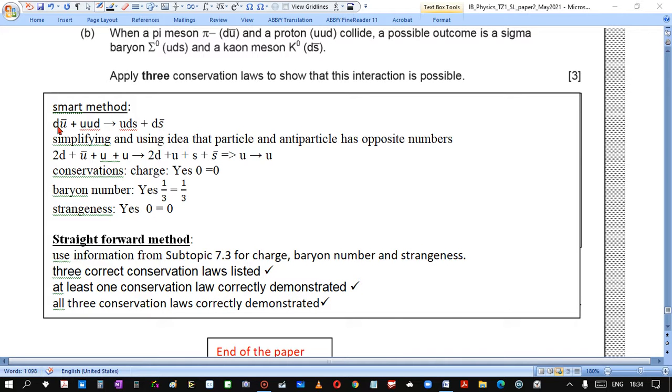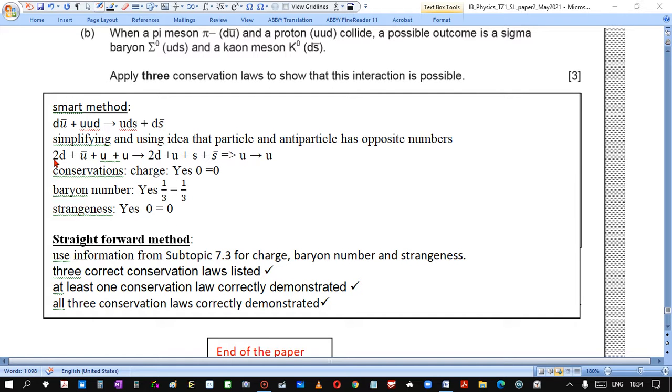Smart method: we put in the quark composition, simplify, and use the idea that particle and antiparticle have opposite numbers. As a result of this simplification, we get an up quark turns into an up quark. So charge is 0 equals 0, baryon number 1/3 equals 1/3, and strangeness 0, 0.